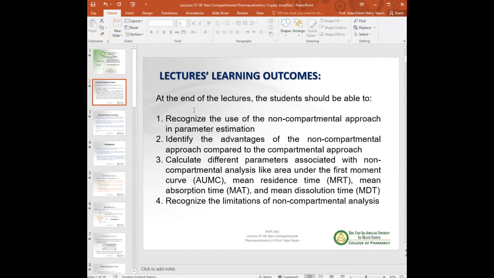First, we need to review. All along the course we talked about the compartmental, and in most of the topics we considered the one compartment model for those drugs. In the compartmental approach, the principle depends on trying to fit the data to mathematical equations, differential equations, exponential equations. We knew that drug distribution may vary from one part of the body to the others.